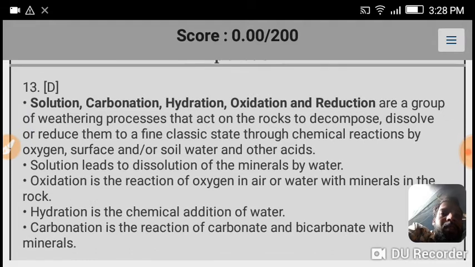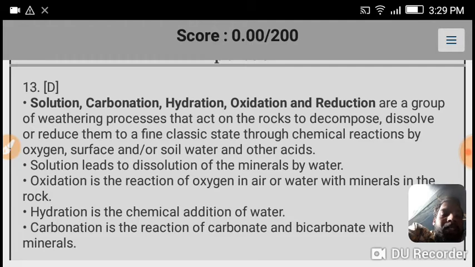Solution, carbonation, hydration, oxidation, and reduction are a group of weathering processes that act on rocks to decompose, dissolve, or reduce them to a fine clastic state through chemical reactions by oxygen, surface or soil water, and other acids.